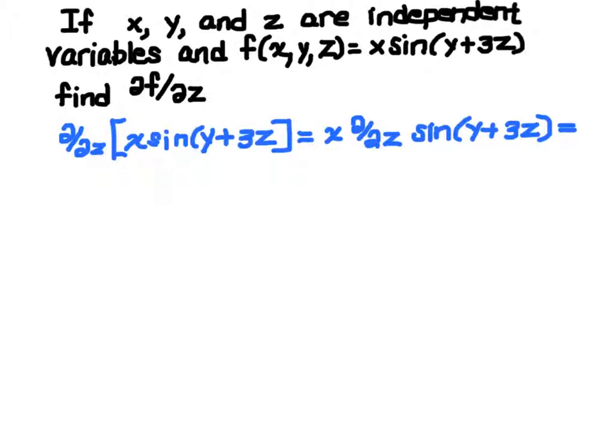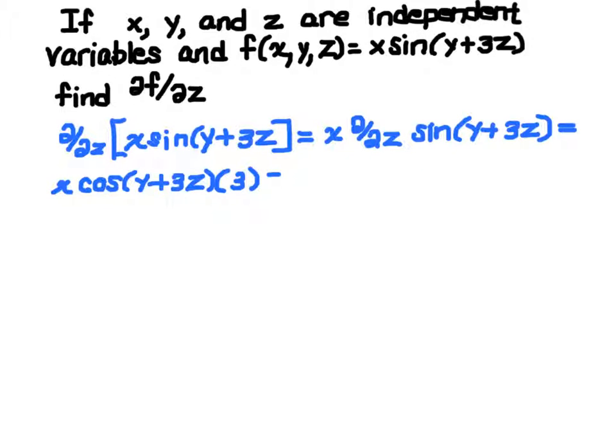So what we're going to have is the x and the partial derivative of the sine. Well, the derivative of the sine is the cosine. So the derivative of the sine of y plus 3z is the cosine of y plus 3z. We have to apply the chain rule by multiplying this by the derivative of y plus 3z with respect to z. The y is considered a constant, so that's 0. The derivative of 3z with respect to z is 3.